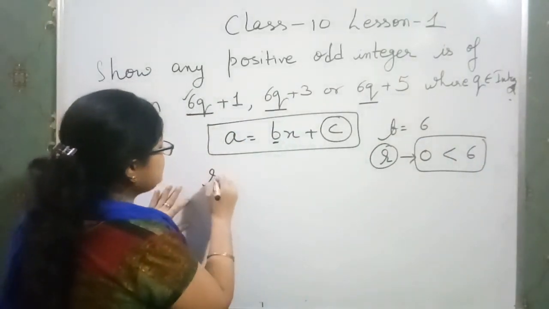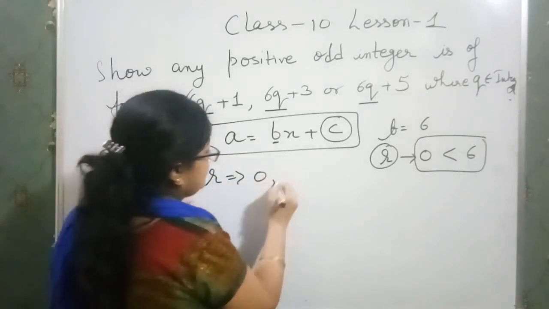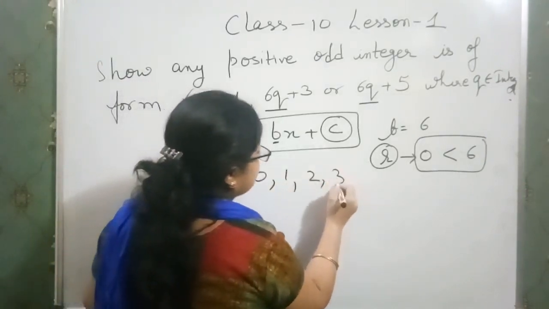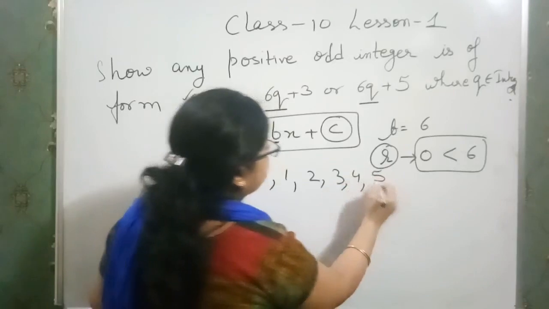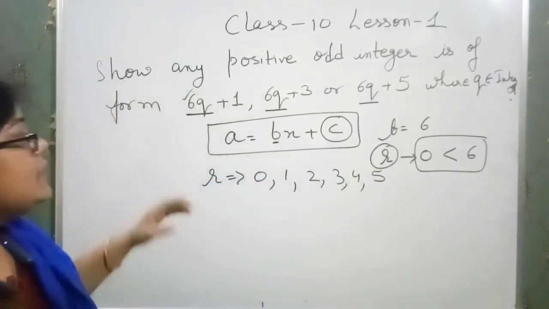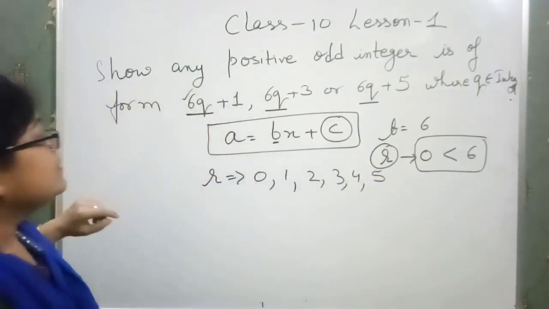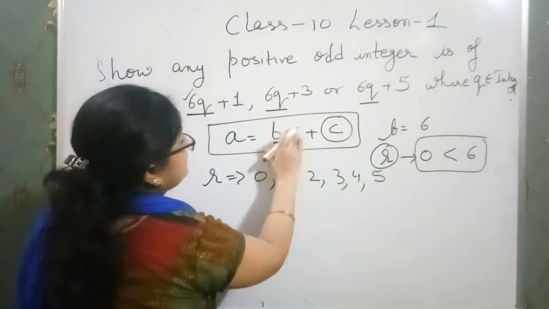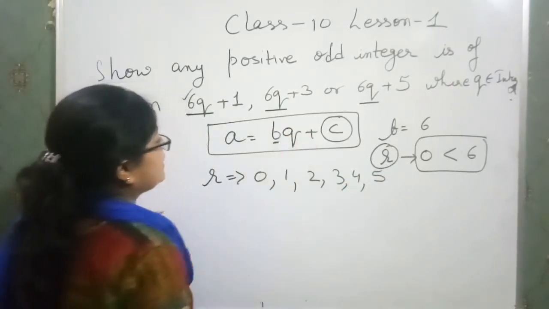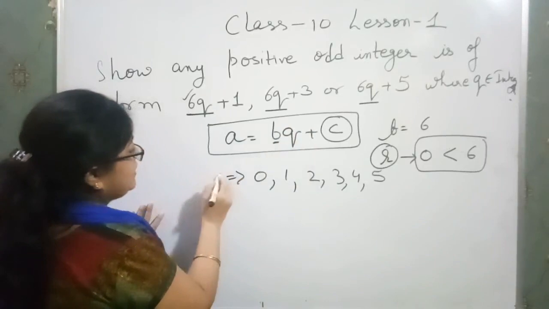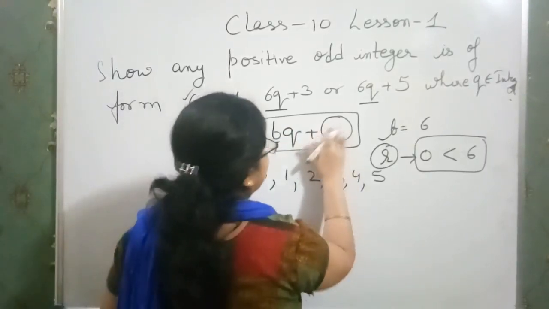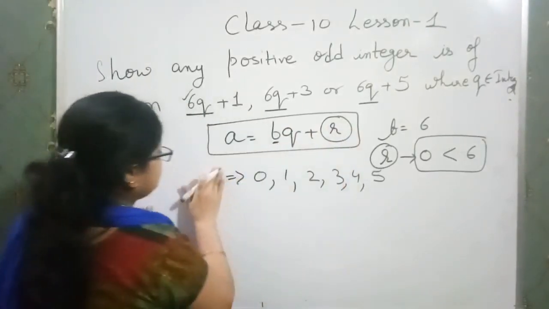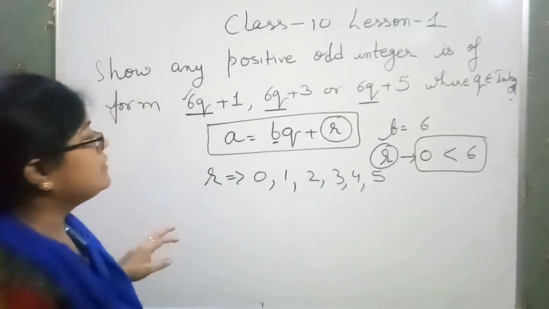That means we have the values of r as 0, 1, 2, 3, 4 and 5. Okay. Now we check that. Here I take just r so that you can understand it very well. Clear?